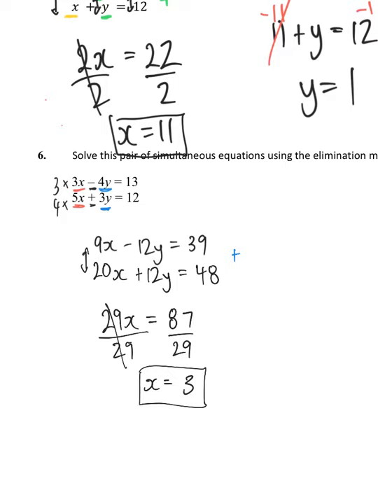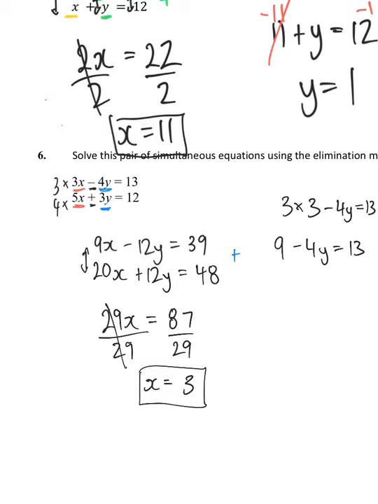All right, now what we're going to do is substitute that into one of our original equations. I'll choose the top one. So I've got 3, and in place of the x, I've got 3, minus 4y equals 13. So 3 times 3 is 9, minus 4y equals 13.